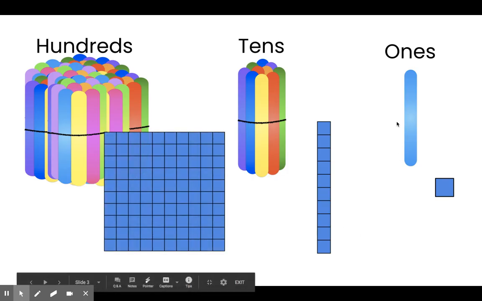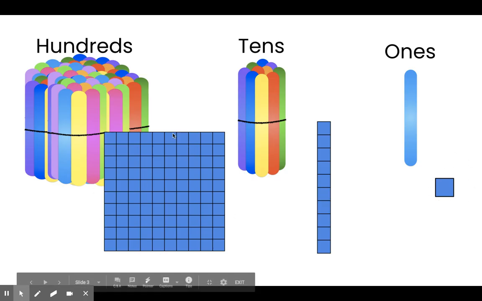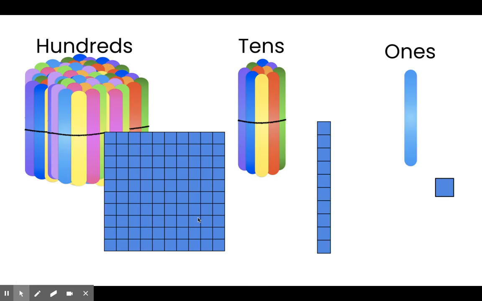When you get 10 groups of 10, you have 100. So this larger square represents 100. It has 10 groups of 10 and 100 small squares in it. It is a 100 place value cube. We're going to use these place value blocks to help us count today.